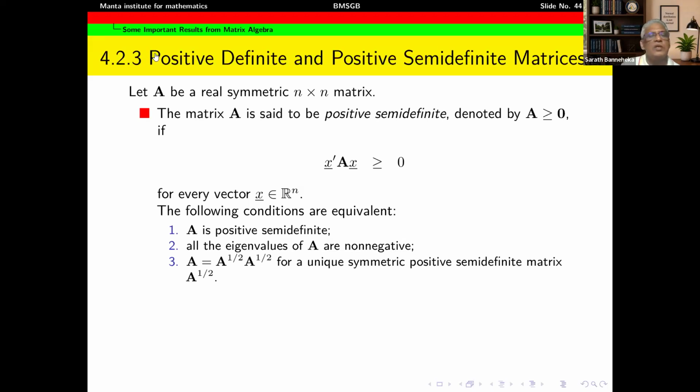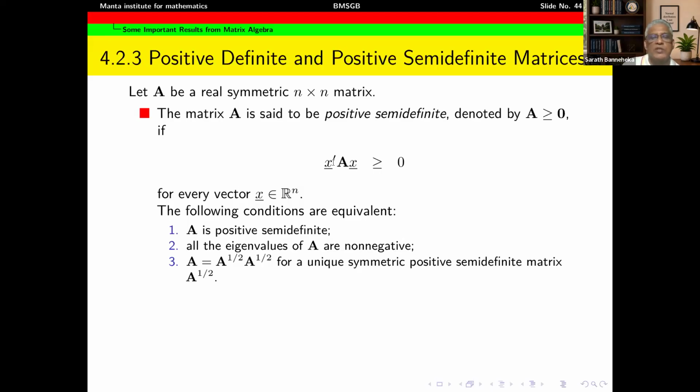Now, I have already talked about positive definite and positive semi-definite, but now I have further included a few other things. Let A be a real symmetric n by n matrix. The matrix A is said to be positive semi-definite, denoted as A greater than or equal to 0, if X transpose AX is greater than or equal to 0 for every real vector X of n dimensions, right?